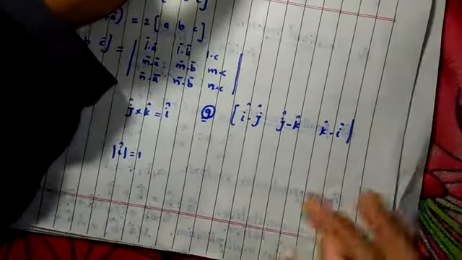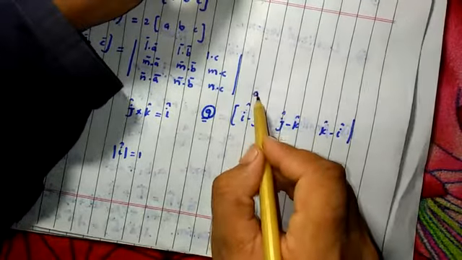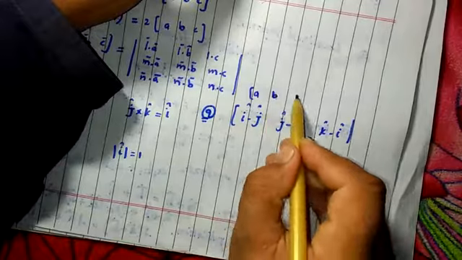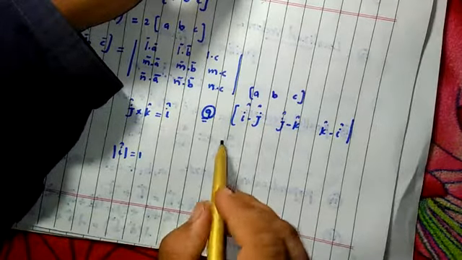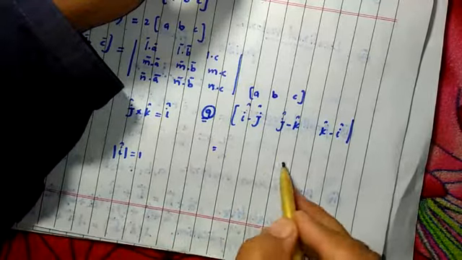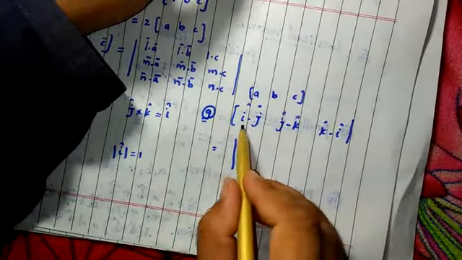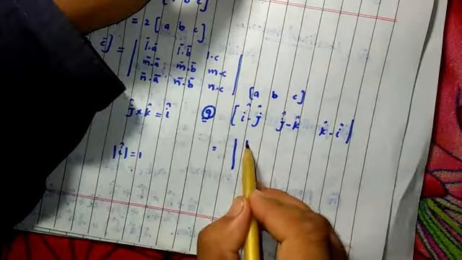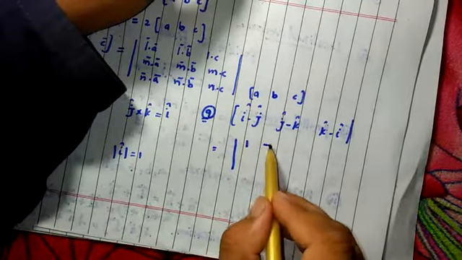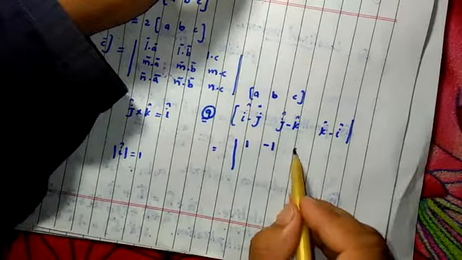Now we have an example: i minus j, j minus k. Similarly, look at A, B, C. And what was our answer? A1, A2, A3, B1, B2, B3, C1, C2, C3. This will be equal to: i unit vector has coefficient 1, j unit vector has coefficient -1, and here k unit vector has coefficient 0.